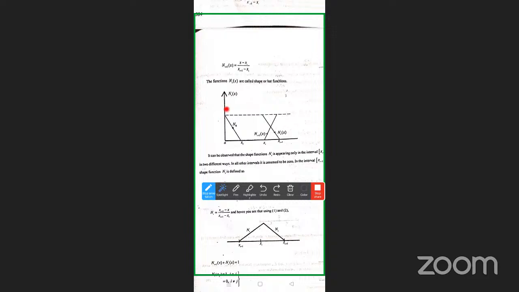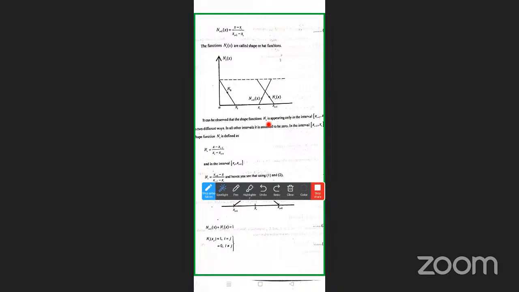So these are the n values. This is the graph represented by this equation.